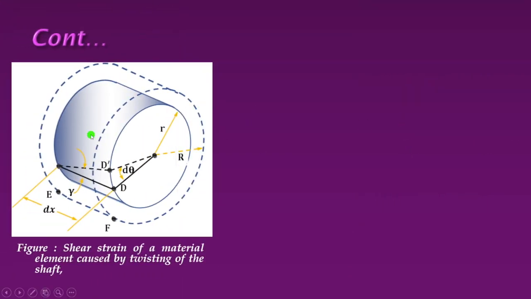So the same figure that we have drawn, again here, to find out the shear stress. First consider this point: if the length of this small cylinder is dx, meaning here to here, this C to D is dx length, and CD dashed is again dx length, as D and D dashed are very close, so we can assume both lengths are the same, and the angle formed here is gamma.